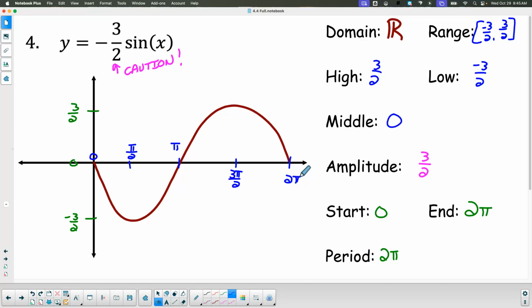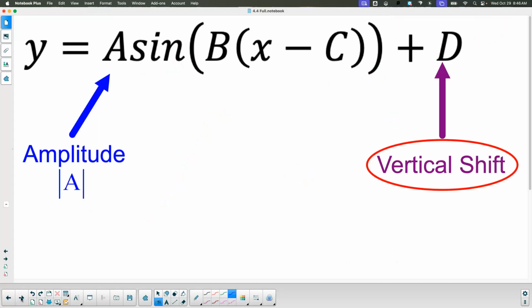Good? Okay. All right, one last thing, and it's a super quick thing. Relatively stress-free. And that is the D value on the end. Okay? That D value on the end is your vertical shift.